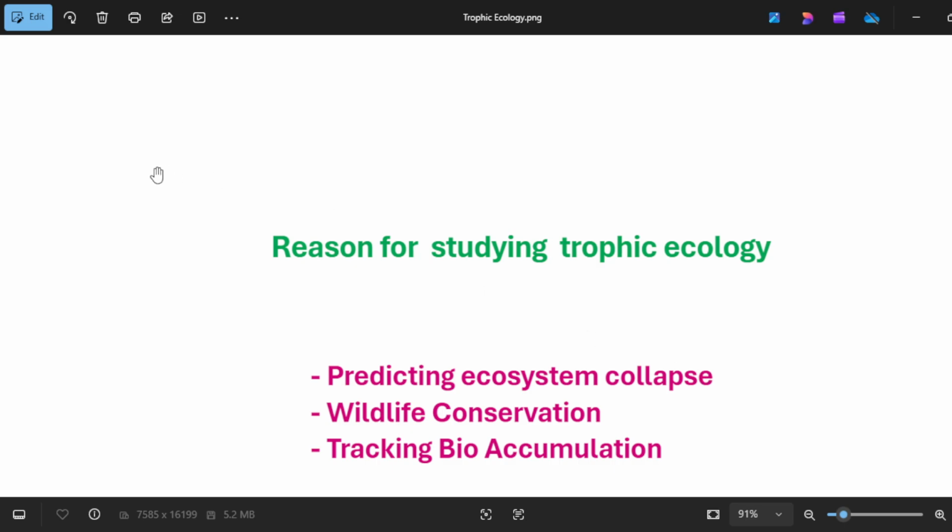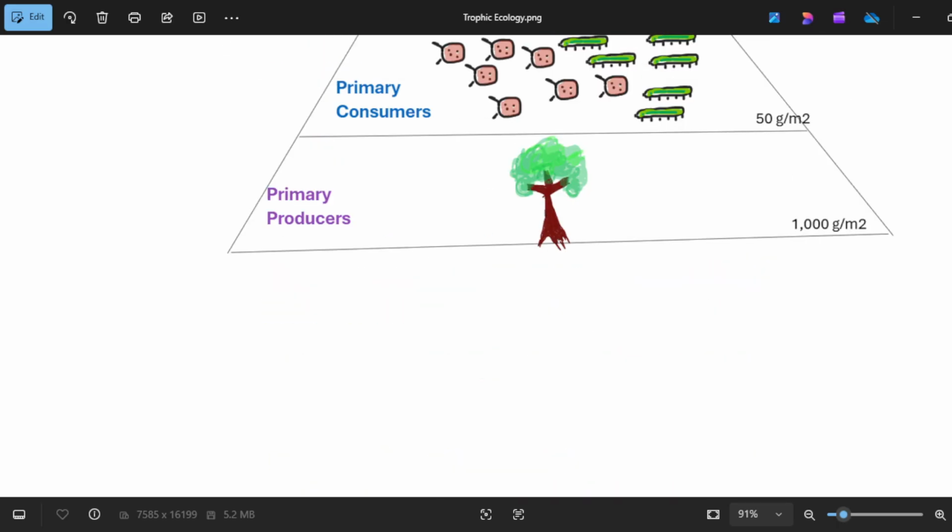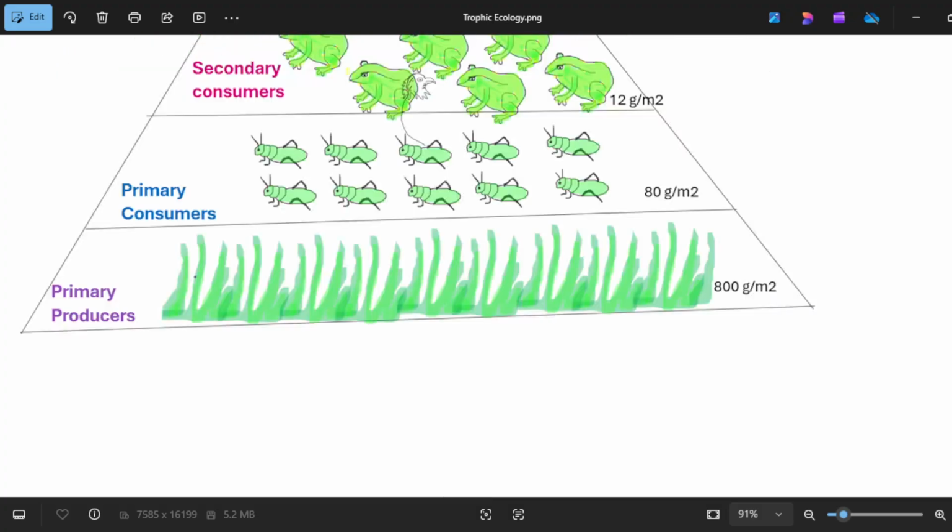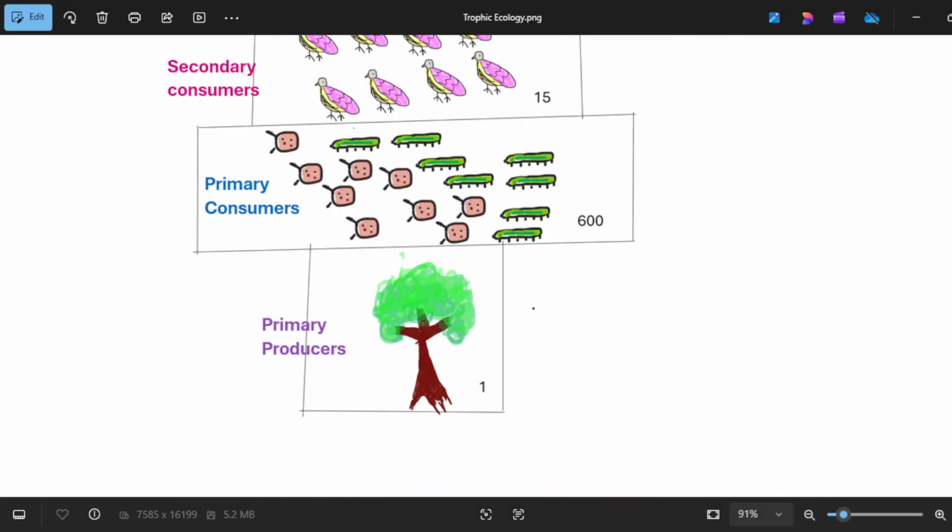That is, we saw the food chains. Okay, so let us go back to the food chain.